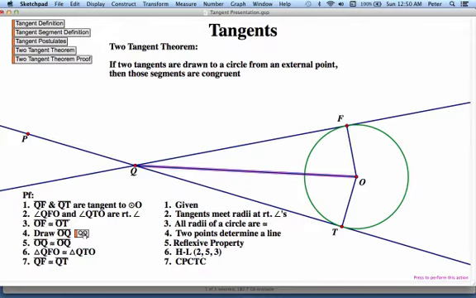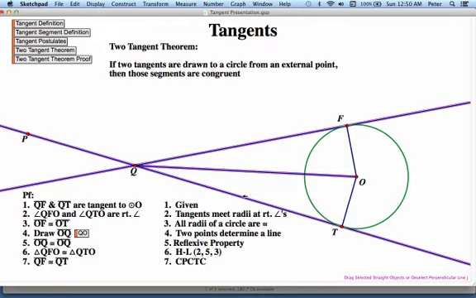So now I know that QO is congruent to QO because of the reflexive property. So therefore these two triangles, QFO and QTO, are congruent by HL, which means of course that QF and QT, those sides, are congruent by CPCTC.